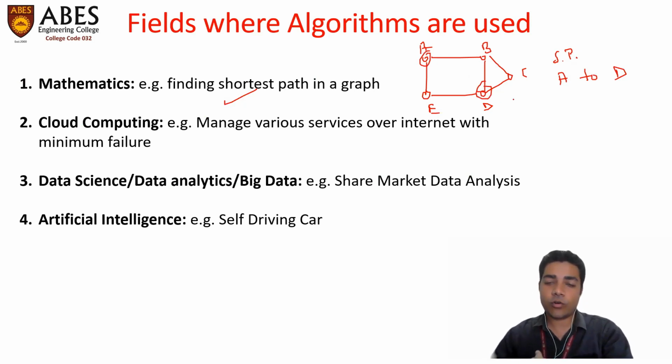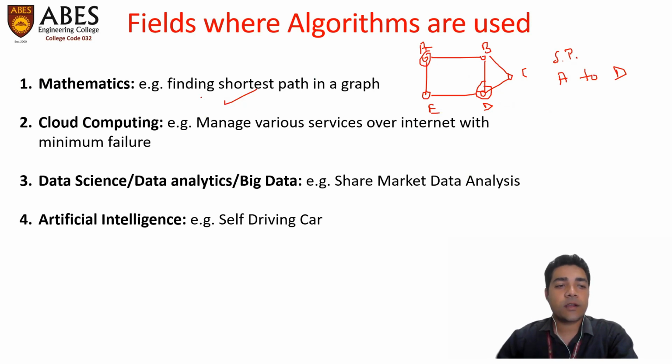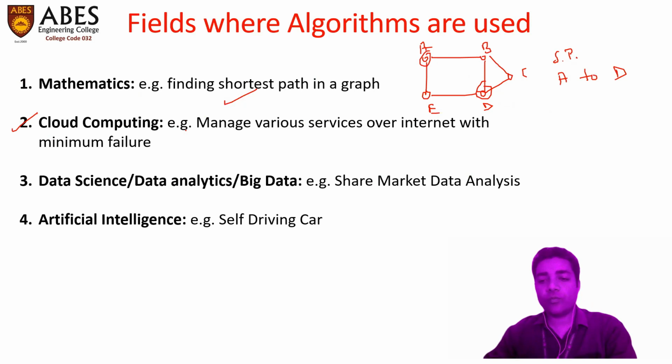So in order to write that program, I need to have an efficient algorithm. Okay, so the second point is cloud computing. Now, cloud computing is basically how we can use every service over the internet with minimum failure. We can do that.